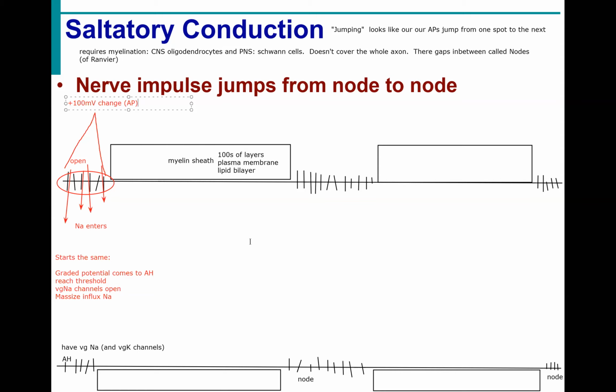Right? These things do exact same things, but in the central nervous system, it is the oligodendrocytes that wrap themselves around, and in the peripheral nervous system, it is the Schwann cells. Now, the only other difference is, remember, one oligodendrocyte can form myelin on dozens of pieces of axons.